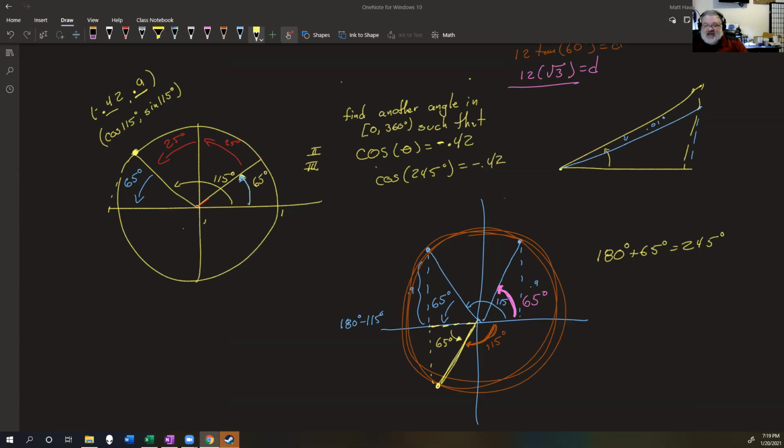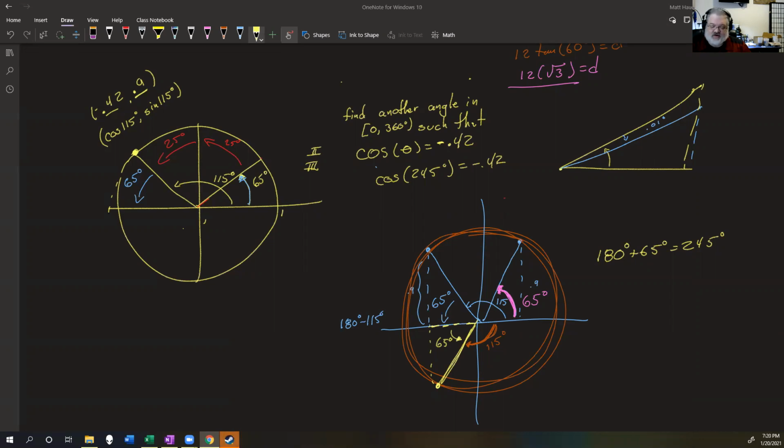But not only that, later on, when we start using our trig functions backwards, and this gets back to something you said, once we start using our values to generate angles, we're going to have to be careful, because we're going to get answers in multiple quadrants. So we're going to get one answer of 115 and need to consider the other possibility of 65.